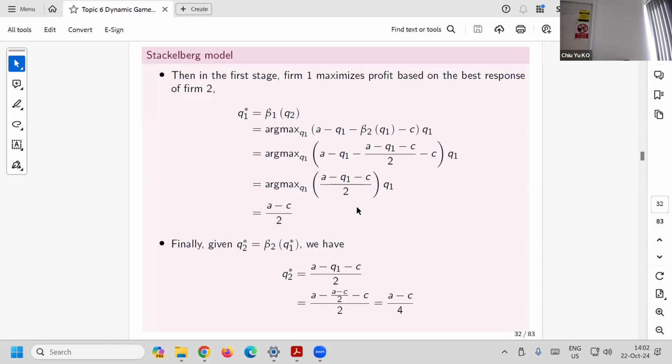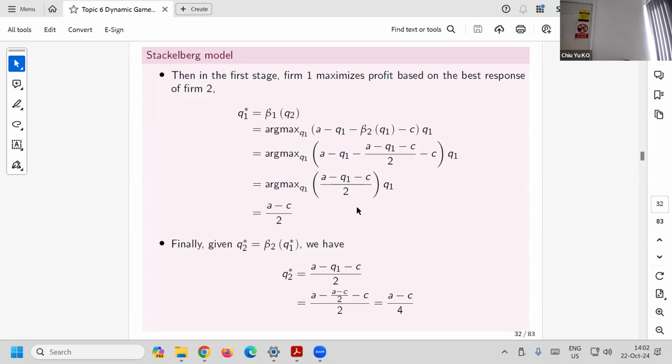Remember, equilibrium is a strategy profile. So it must be what firm 1 does, and firm 2 will tell for all scenarios what is going to be done. Do you know that? And at the end of the day, what firm 2 does in equilibrium is the equilibrium outcome. Is that clear? Have to be very careful. What is the equilibrium outcome and the equilibrium strategy profile?